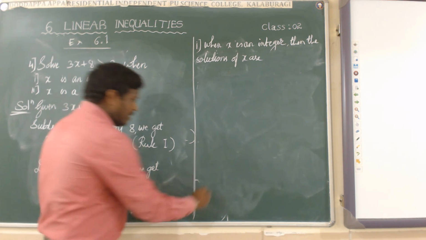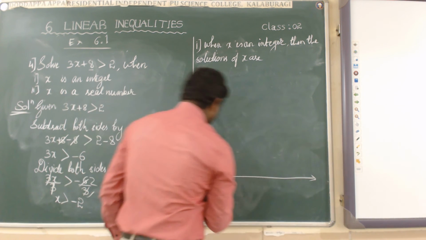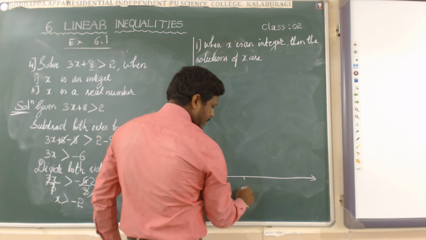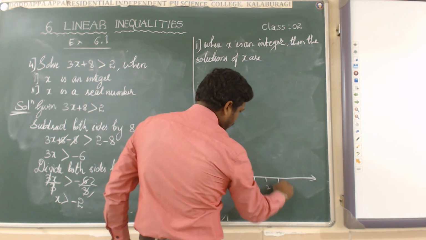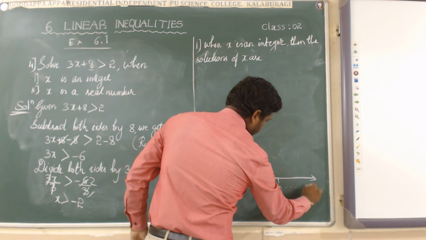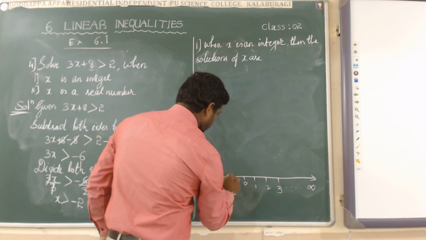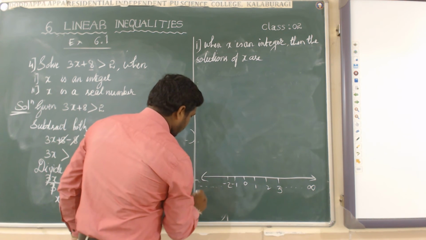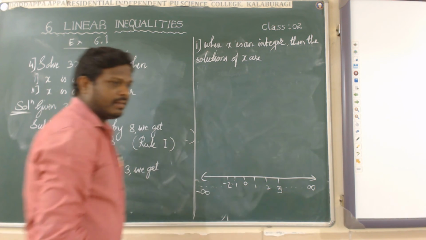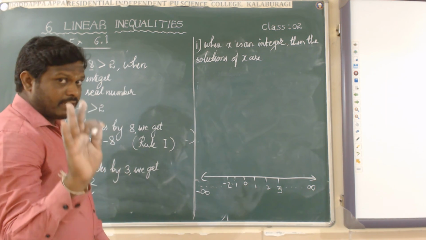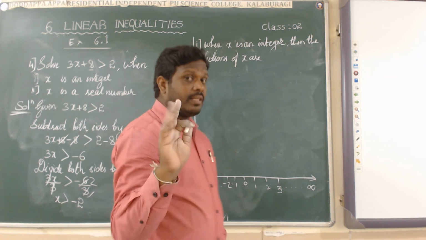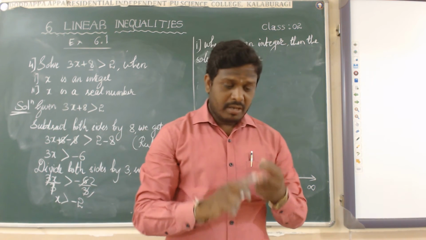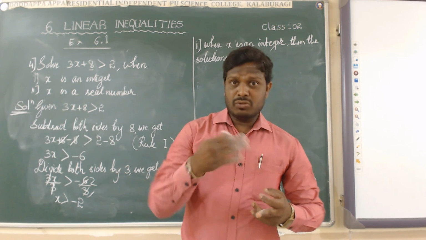I will draw the number line again here. This is 0, 1, 2, 3, and so on up to infinity. This is -1, -2, and so on up to -infinity. In integers we can see only 0, all the negative counting numbers and the positive counting numbers.